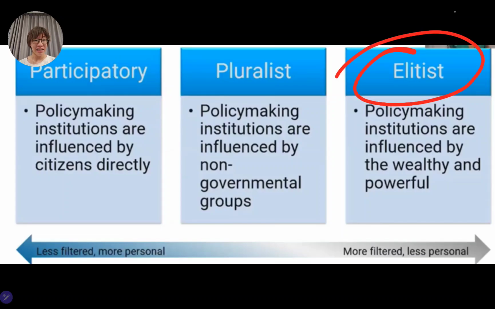And then we have the elitists. This is more or less why the Electoral College exists. This is policy-making institutions that are influenced by the wealthy and powerful people. This is more or less the Electoral College in voting for the president. This doesn't apply just to the president, it also applies to the Congress elections that happen every 2 to 7 years.